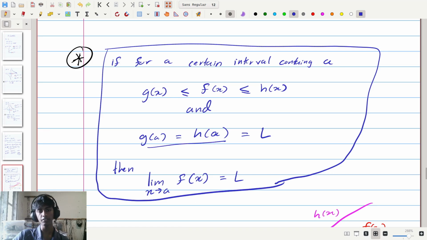And then given this condition, we can define a value L, and that value L is equal to g(a) and h(a), meaning that since f(x) is stuck between g(x) and h(x), the limit as x approaches a of f(x) must also be equal to L.